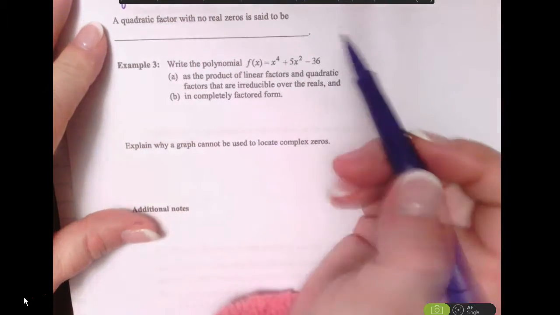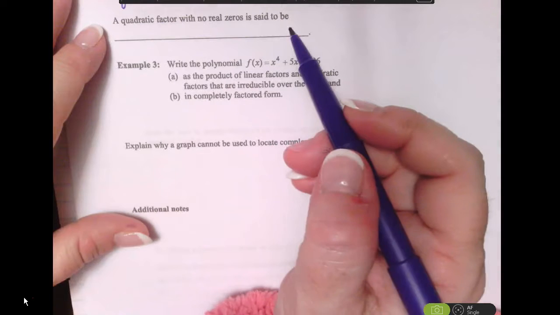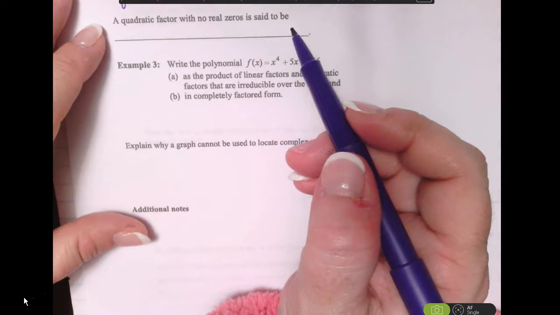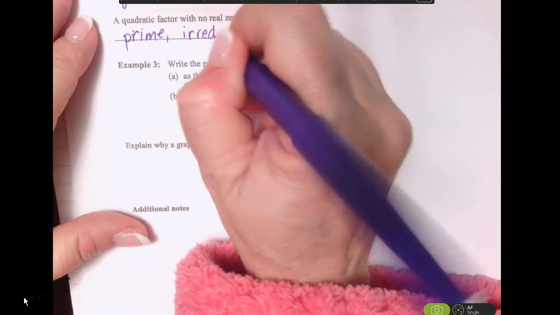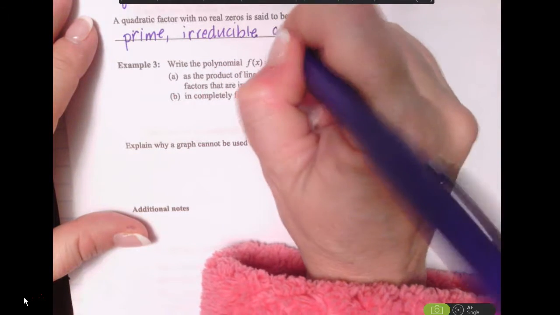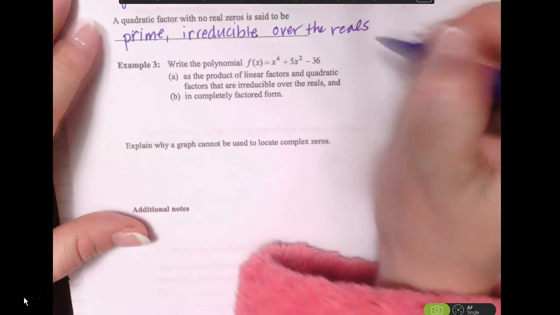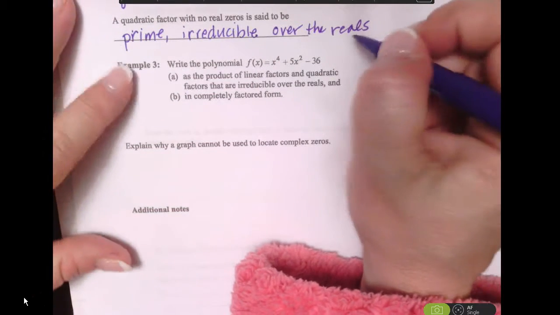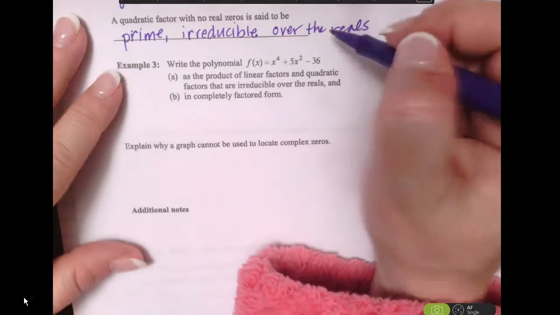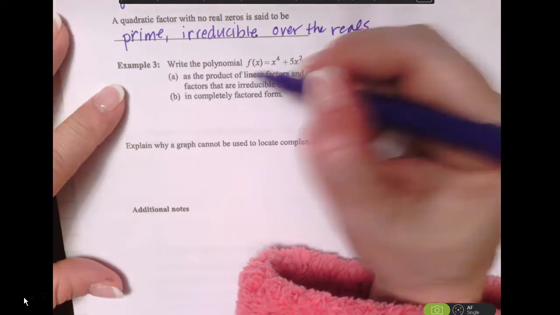A quadratic factor with no real zeros is said to be, we'll call it prime. The book calls it irreducible over the reals. So even though it has imaginary roots, if it's prime or irreducible, unfactorable, these are some terms we would use.